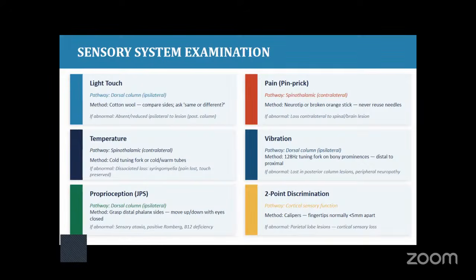For perception, we usually tell the patient to close their eyes, and if you're assessing the leg, for instance, we would maybe assess the big toe bilaterally and ask the patient to say if the toe is pointed up or down, depending on whether they can sense it. Pinprick, vibration using a 128 Hz tuning fork this time, and you will put that on a bony prominence. Two-point discrimination if you can do that.